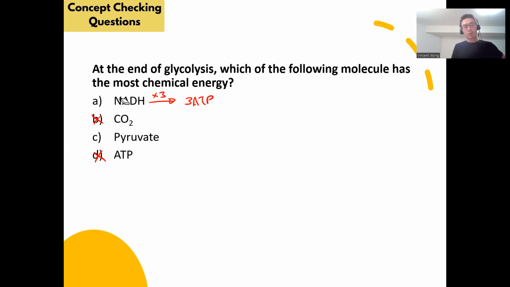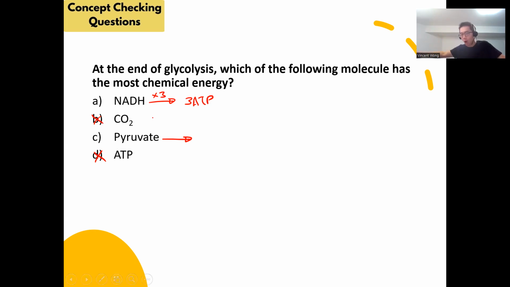Okay. So between NADH and pyruvate, which one has more energy? Well, up to this point in cellular respiration, we've only generated 2 ATP, right? We can make up to 36 ATP in cellular respiration. So where are the rest of the 34 ATPs, right? Well, that's basically locked in the pyruvate.